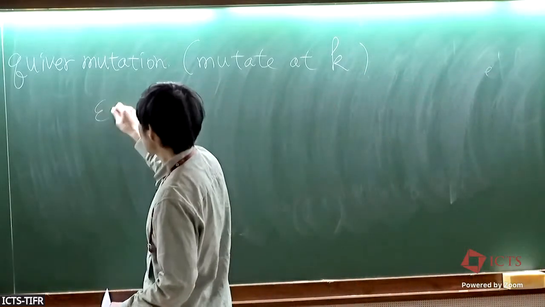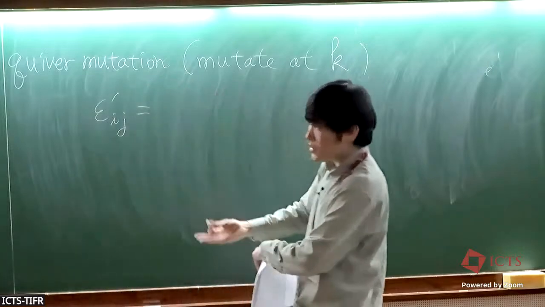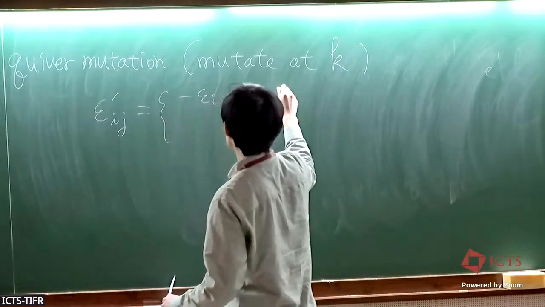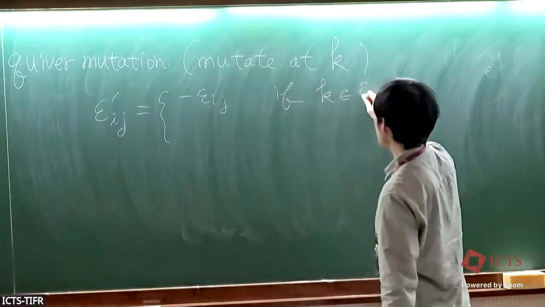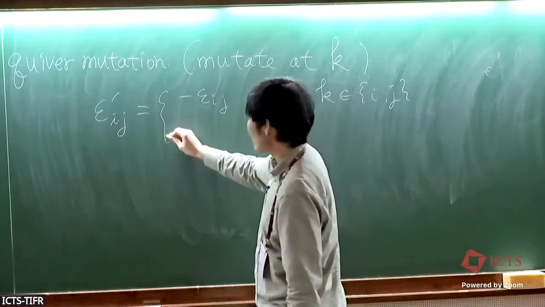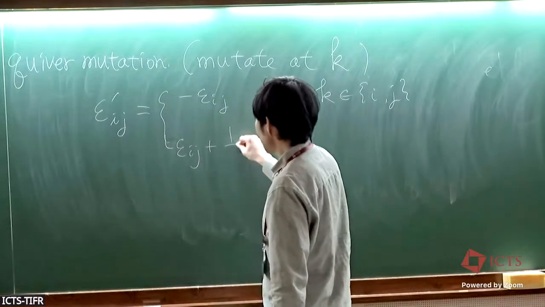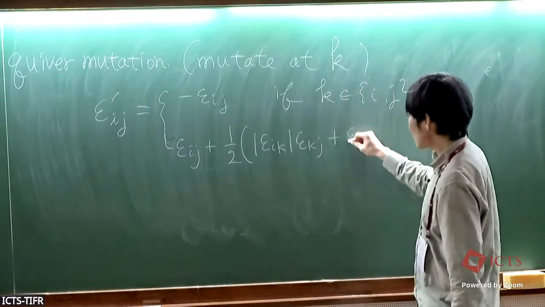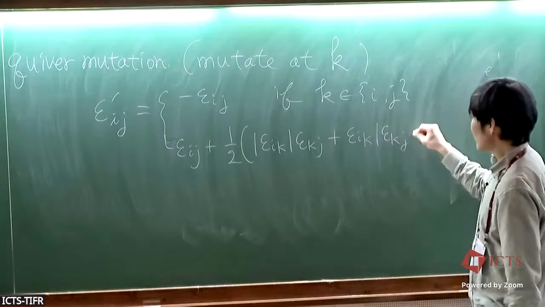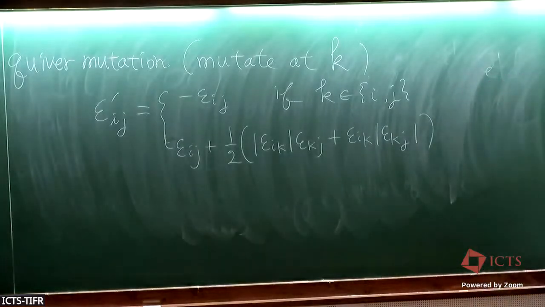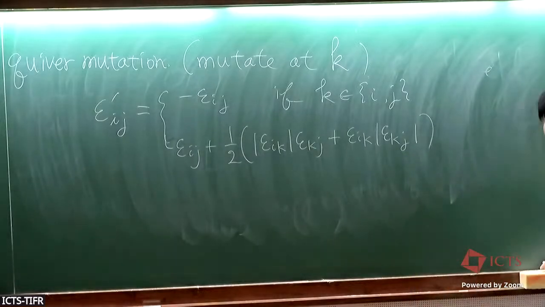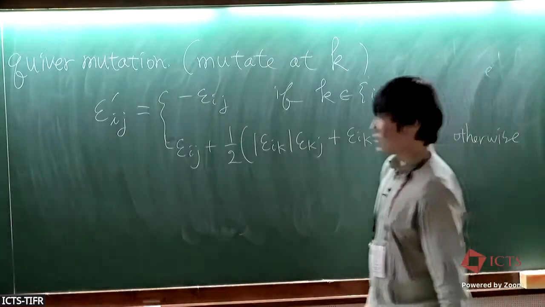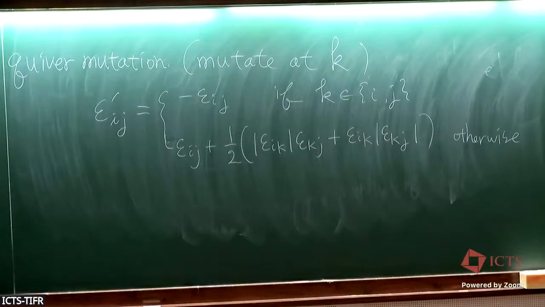The new quiver will have its signed adjacency matrix, and it's given as follows. It's not very instructive if you just look at the formula for the first time. There is a combinatorial way of saying what happens, which is easier to understand, but even that doesn't tell you why it's a natural thing to do. So just take it as a definition. Some combinatorial way of changing the quiver, and then I'm going to tell you how the variables change.